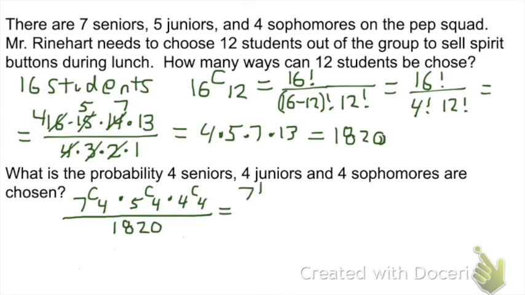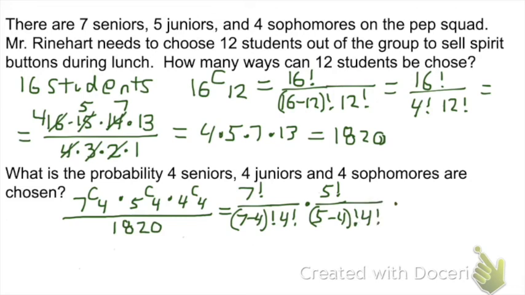We have 7 factorial over 7 minus 4 factorial, 4 factorial, times 5 factorial over 5 minus 4 factorial, 4 factorial, times 4 factorial over 4 minus 4 factorial times 4 factorial.